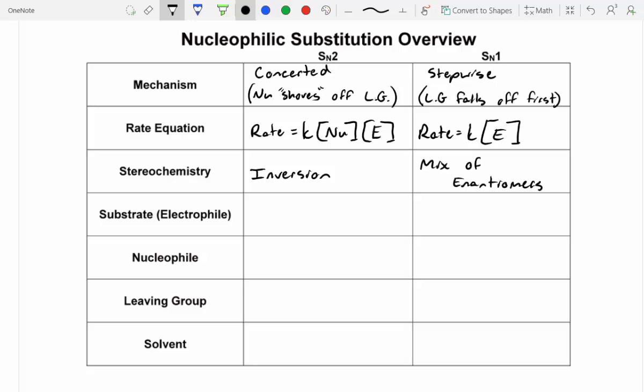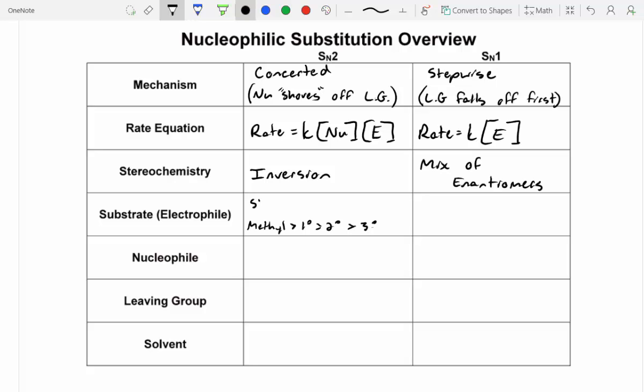All right, if we think about our substrate, meaning our electrophile, if we have SN2, what works best? Is it methyl, primary, secondary, tertiary? For SN2? Methyl. Remember SN2, we want the more exposed backside. So we'll say methyl is better than primary, which is better than secondary, which is better than tertiary.